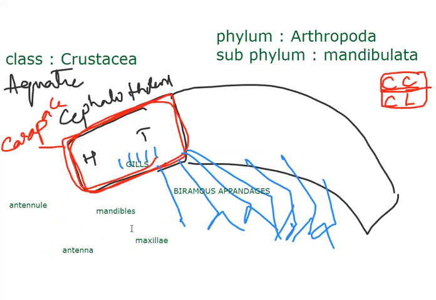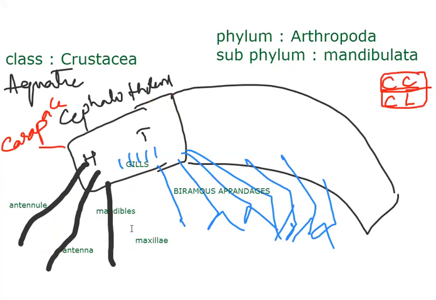Antennules, antennae, mandibles, maxillae: the 2 pairs of antennae, 1 pair of mandibles, 1 pair of maxillae. So we'll say it like this.